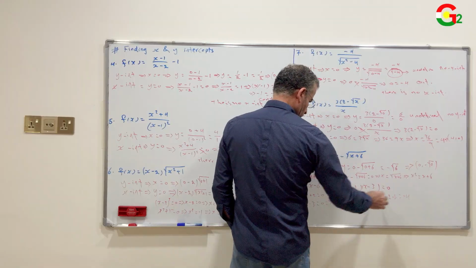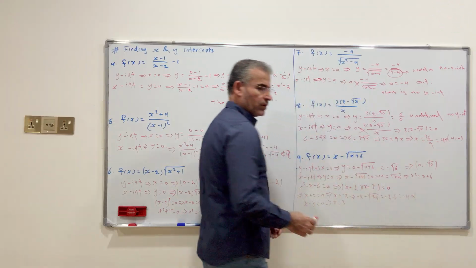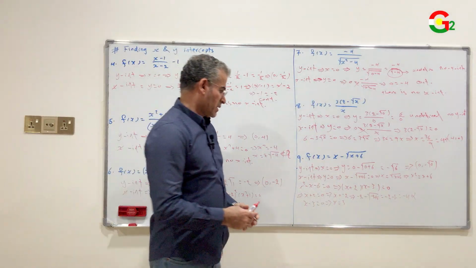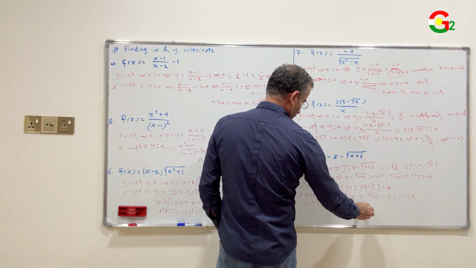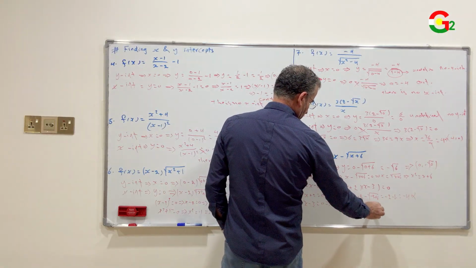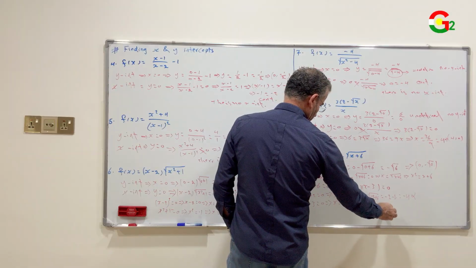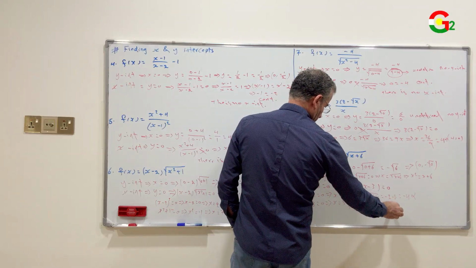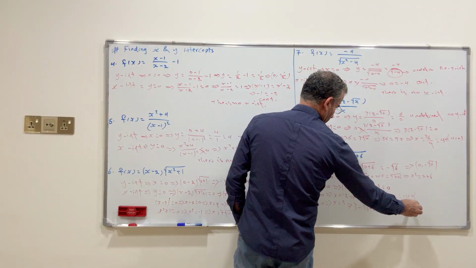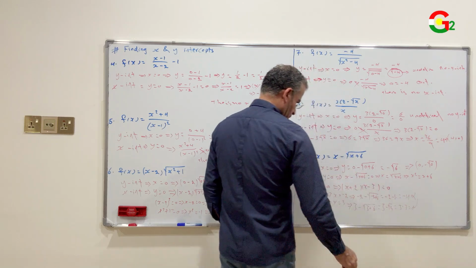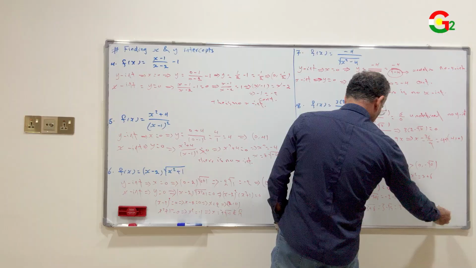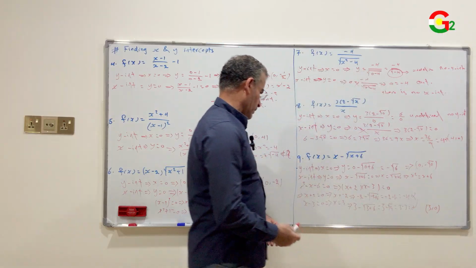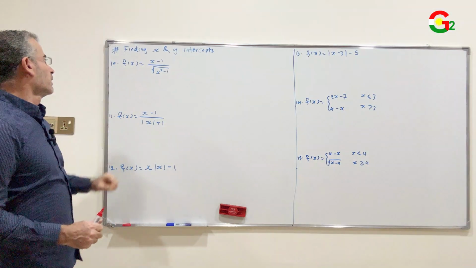It is not 0, then this point is not an x-intercept. Let us check the other point. 3 minus the square root of 3 plus 6 equals 3 minus the square root of 9, which equals 3 minus 3 equals 0. It is true. It is an x-intercept, (3, 0).